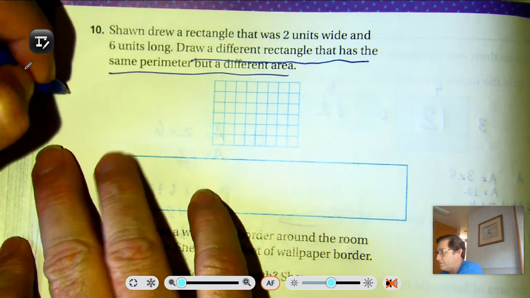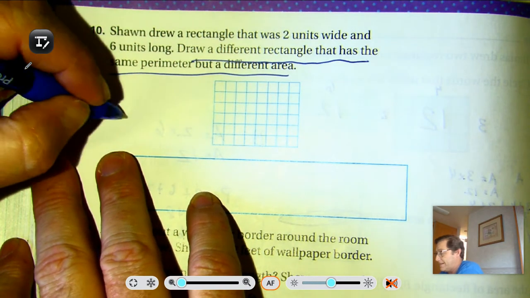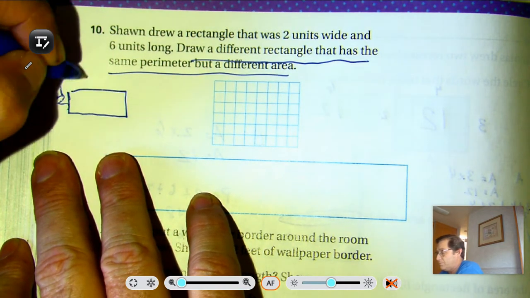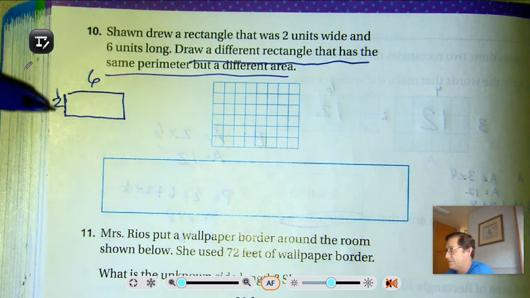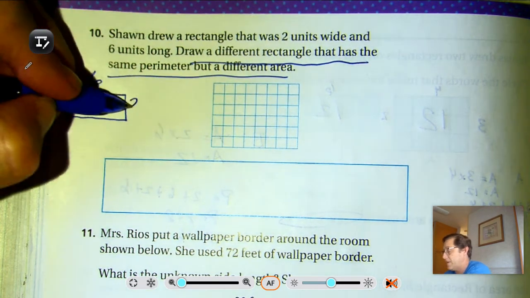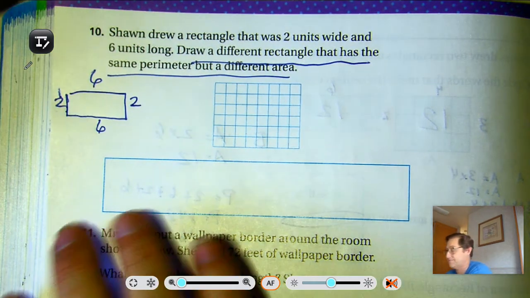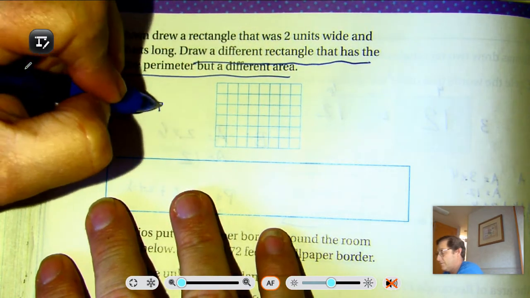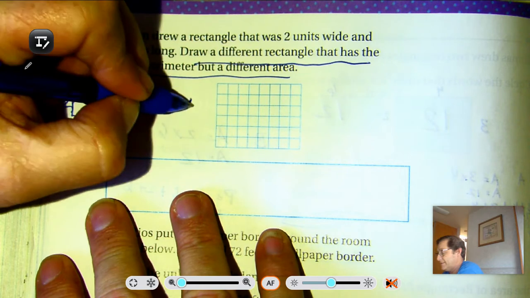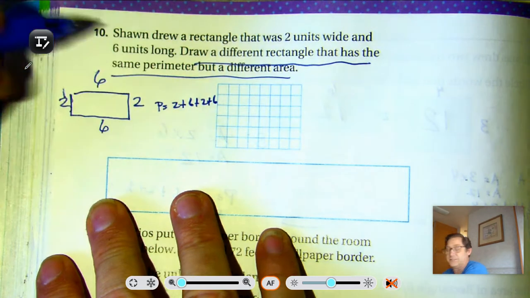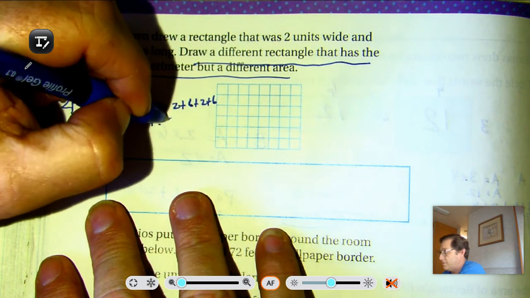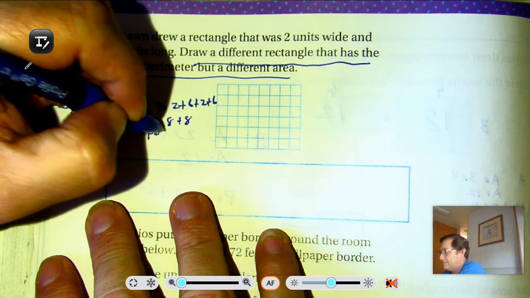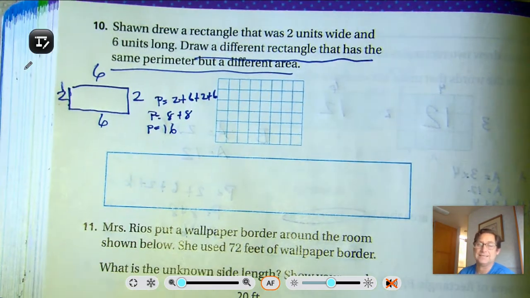So let's figure out the perimeter of a rectangle that is 2 by 6. All right, so if we know these two sides are 2 and 6, we know the opposite sides are 2 and 6. So we know that the perimeter of that 2 by 6 is 2 plus 6 plus 2 plus 6. So the perimeter is 8 plus 8. So the perimeter is 16.